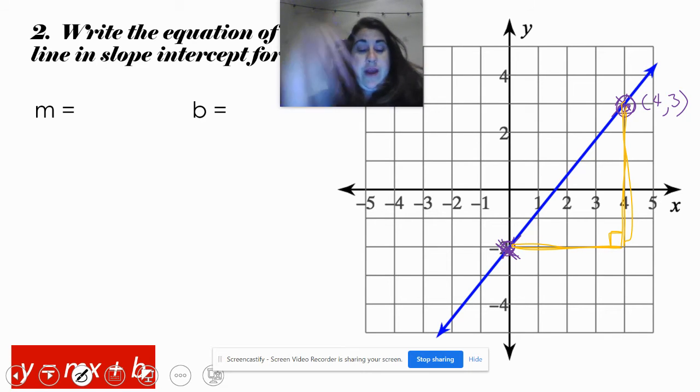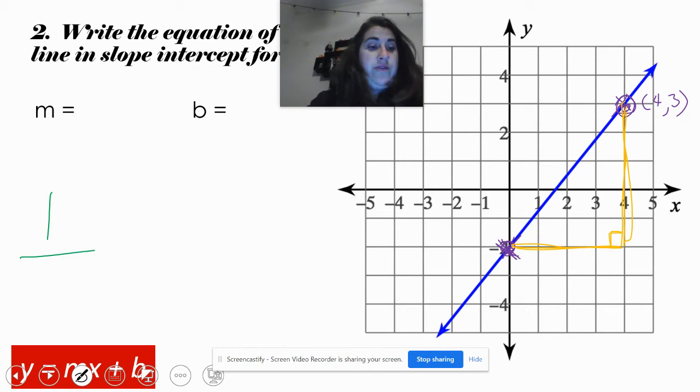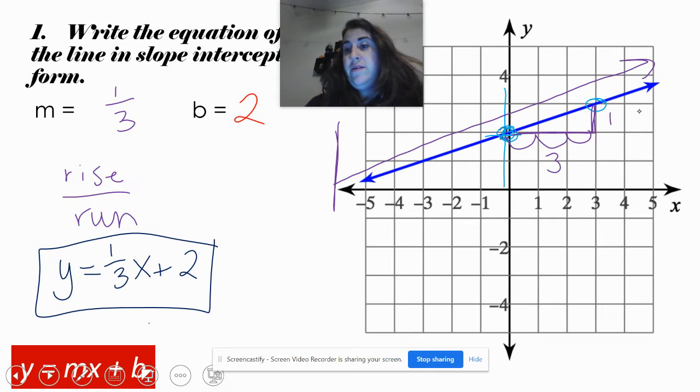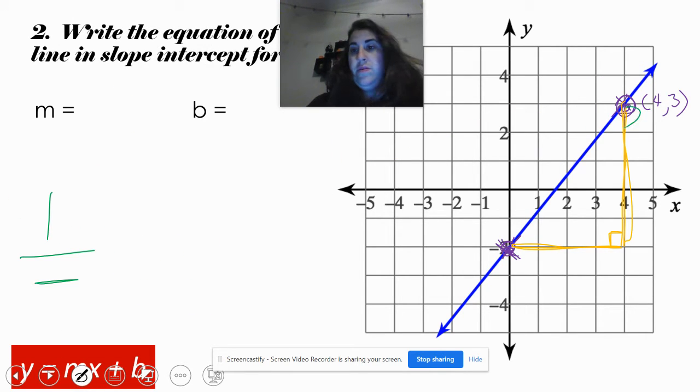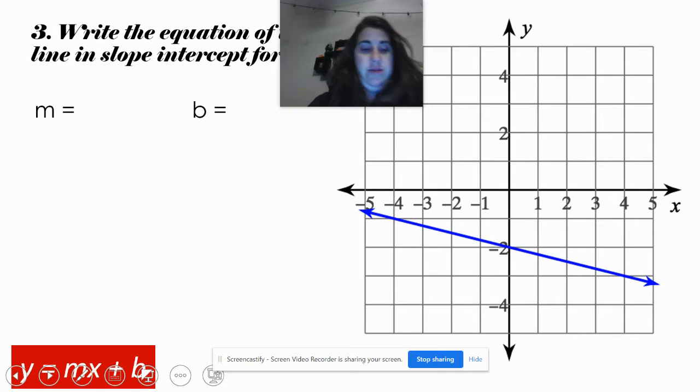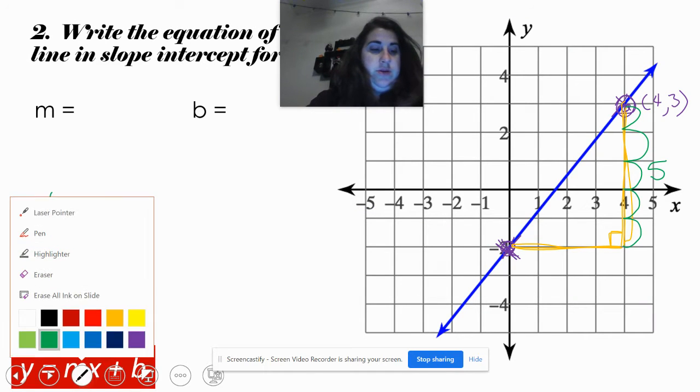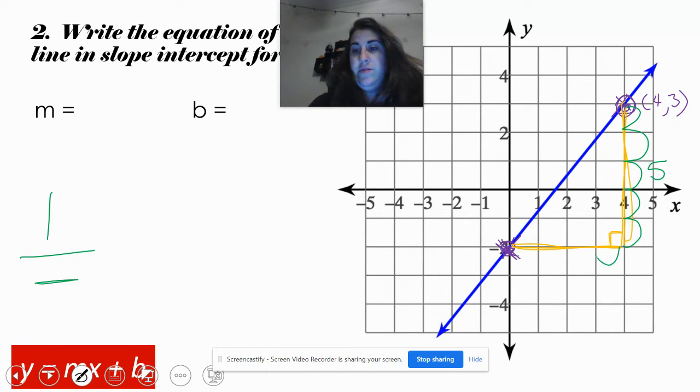I want my rise, so I'm going up and down over my side to side. 1, 2, 3, 4. There's 5 boxes here, and on the run, 1, 2, 3, 4 boxes.